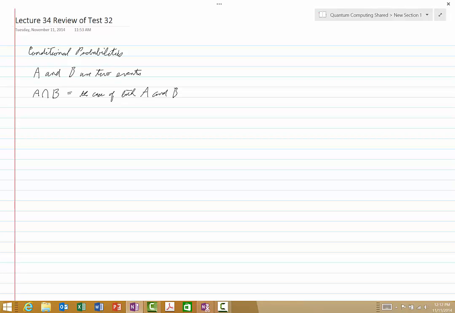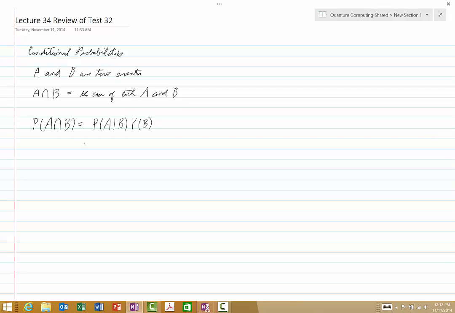Okay, so the formula that I want you to be aware of here is that the probability that both A and B will happen is the probability that A will occur given that B has occurred times the probability that B will occur.